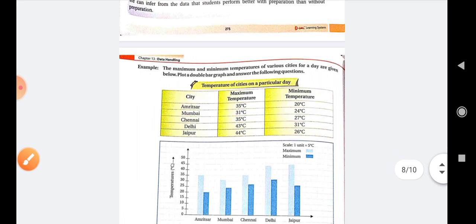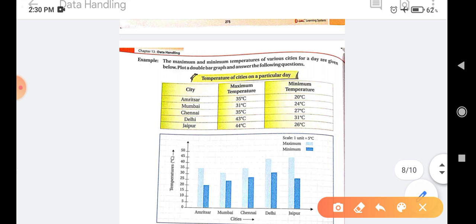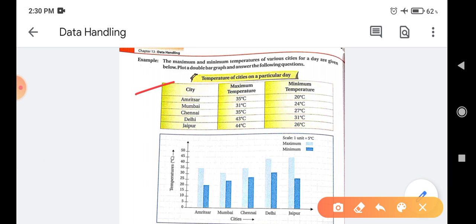Next is an example. The maximum and minimum temperatures of various cities for a day are given below. Plot a double bar graph and answer the following questions. We are given a table of temperatures of cities, minimum temperature and maximum temperature, for a particular day, and we have to draw a double bar graph. Firstly, the scale is to be taken.